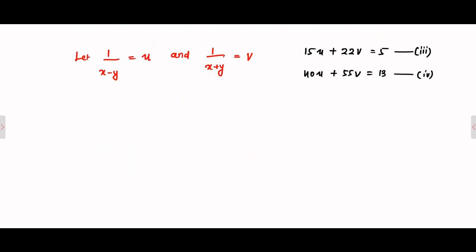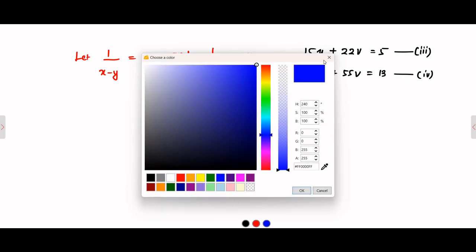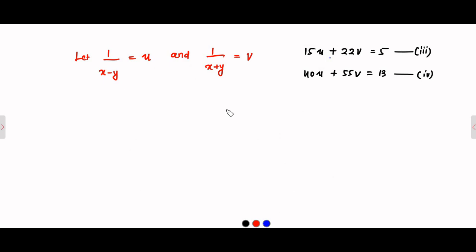Now we have to pick one equation. Let's say we pick equation 3. From equation 3 we have 15u plus 22v is equal to 5.